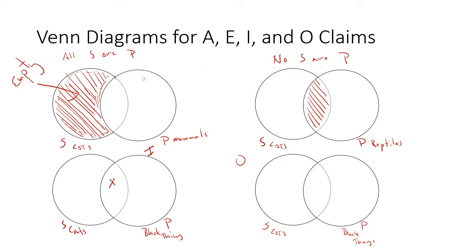So we'll talk about Lily. Lily is a cat and isn't black, so she would live over here. So there's Lily. She is a cat that isn't black, so there's at least one thing that is a cat but is not black. So now we have a visual representation of our four categorical claims, and we can go forward and start talking about categorical syllogisms.